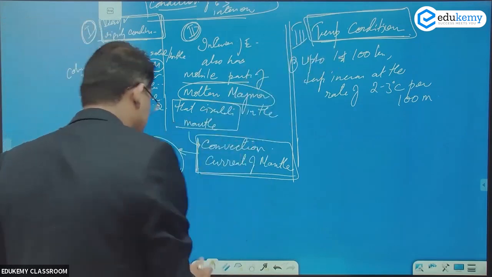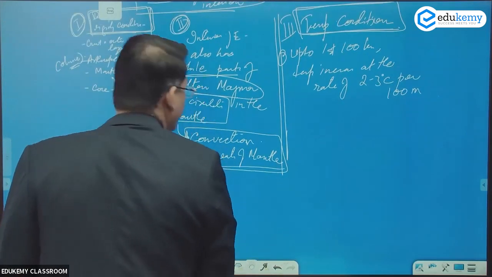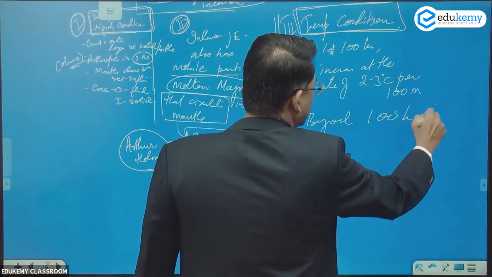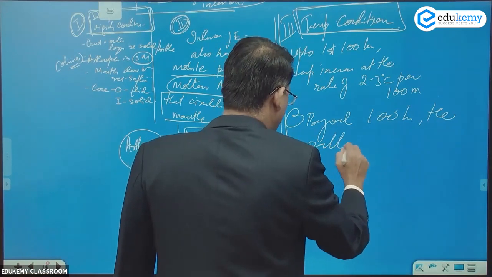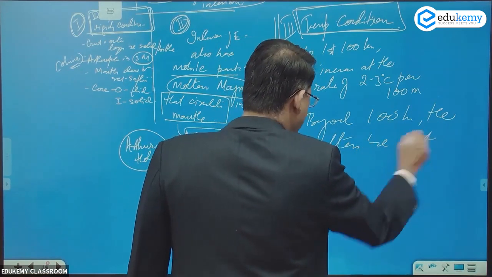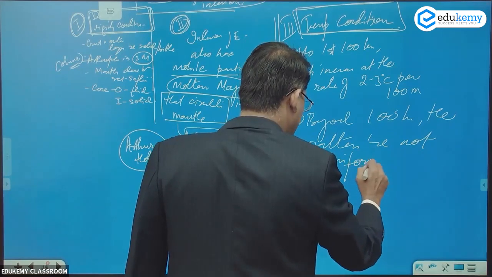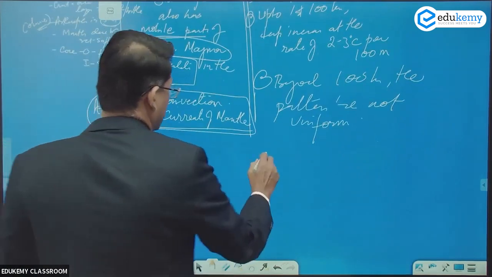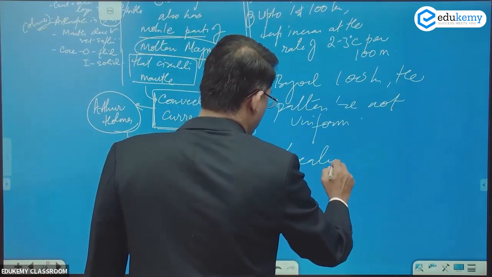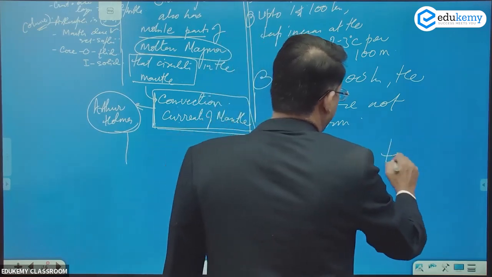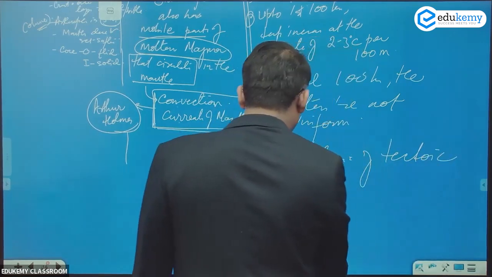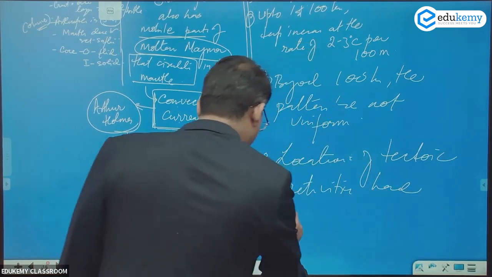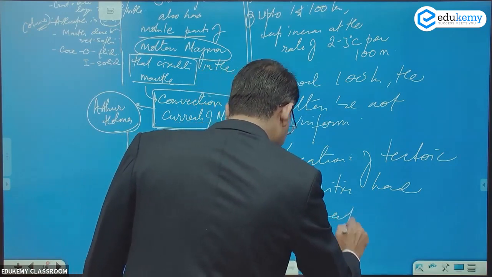So that's how it is in the first 100 kilometers. What after that? Beyond 100 kilometers, the patterns are not uniform. They are not consistent. Locations of tectonic activities have higher temperatures.